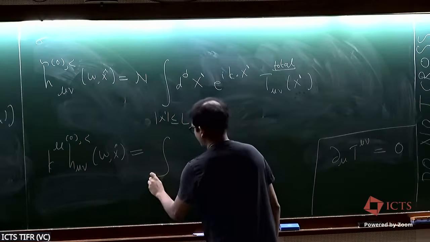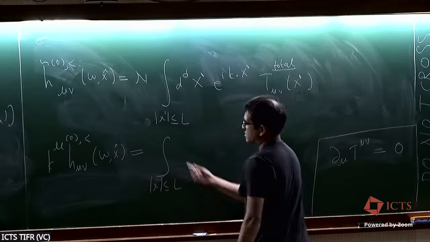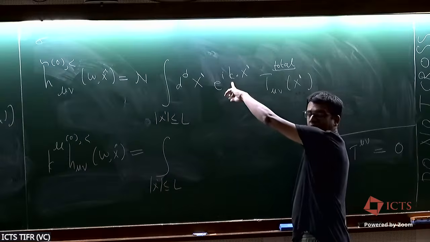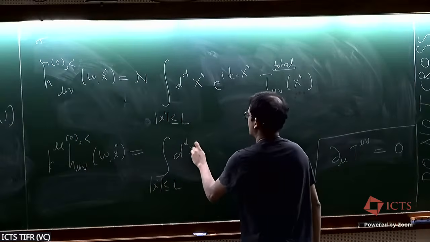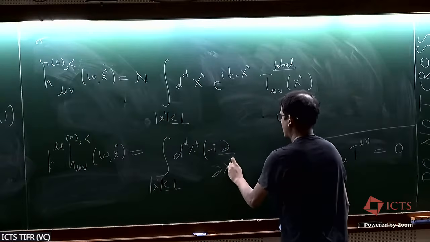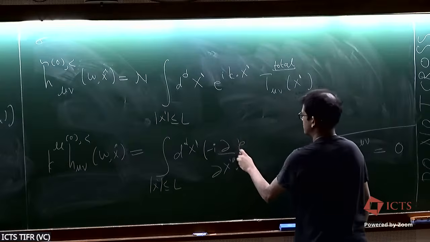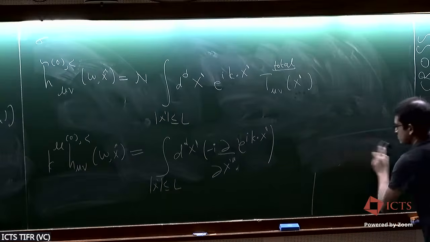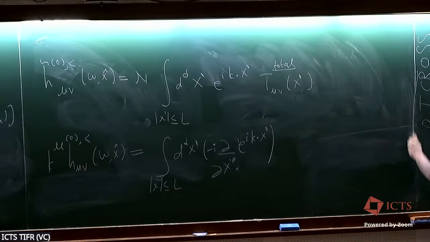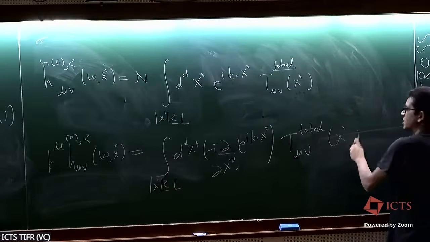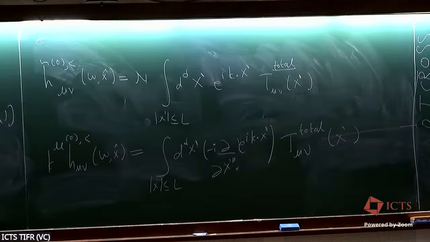This quantity then is, I'm just contracting both sides with k_μ, but contracting this side with k_μ is the same as doing... Is this clear? Just a cheap trick.